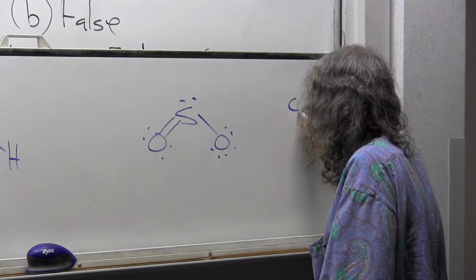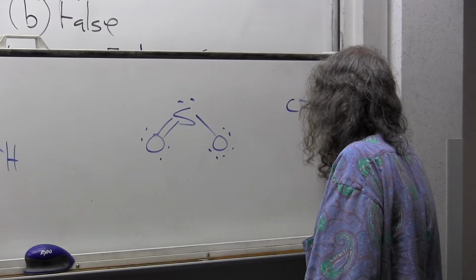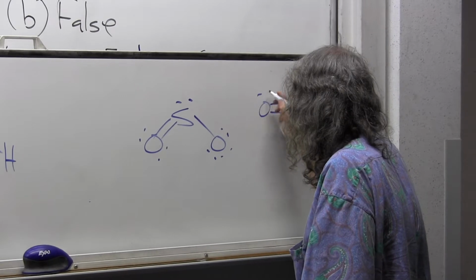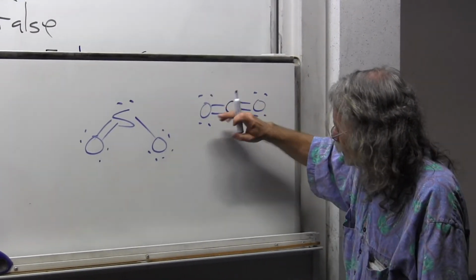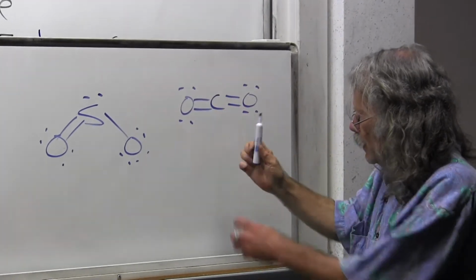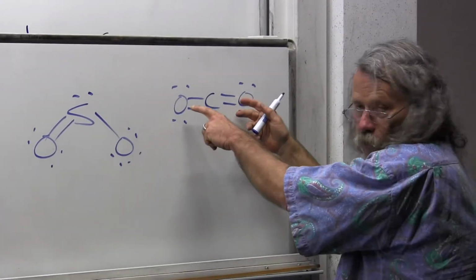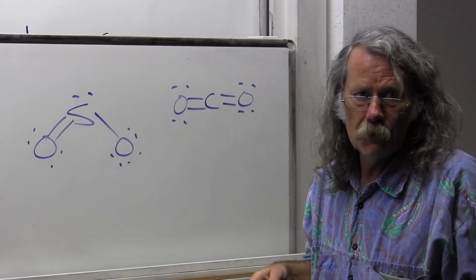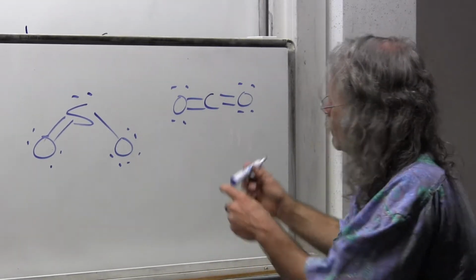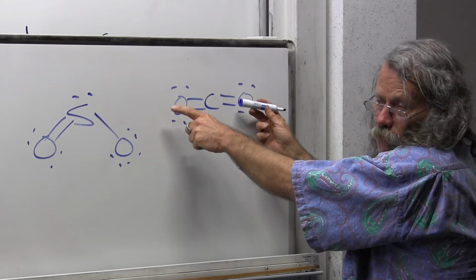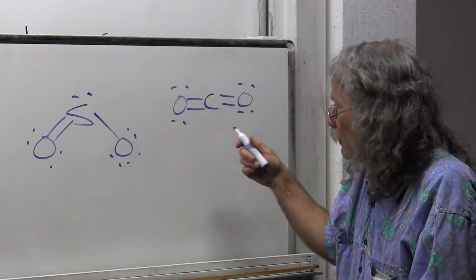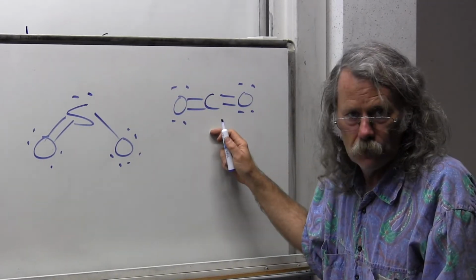Another example would be carbon dioxide. Here I've got a double bond and a double bond. If I treat these as an individual pair, there's 2 E pairs. The geometry that minimizes the repulsion is going to be the one that gets them 180 degrees apart. So this is the linear geometry that is indeed observed with carbon dioxide.